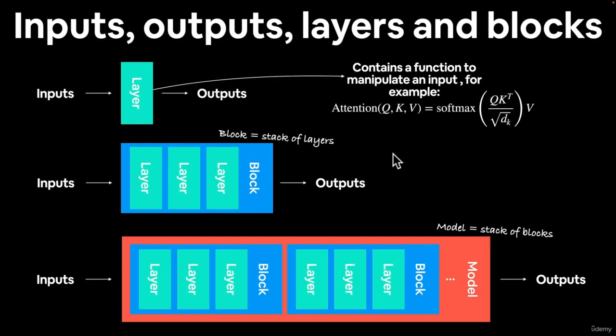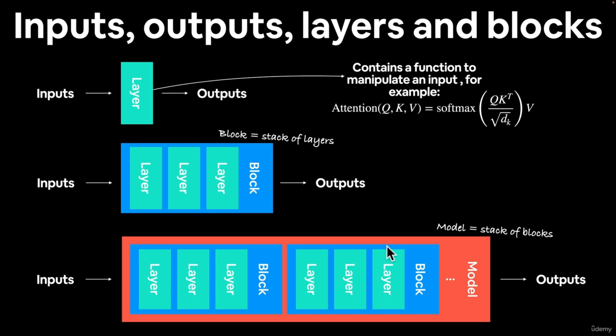So this is kind of what we're going to be using as our high-level overview. We have inputs, some data, some outputs, some manipulated data, layers, a function to manipulate an input, and a block, which is a group of layers, and then a group of blocks makes up our model architecture.